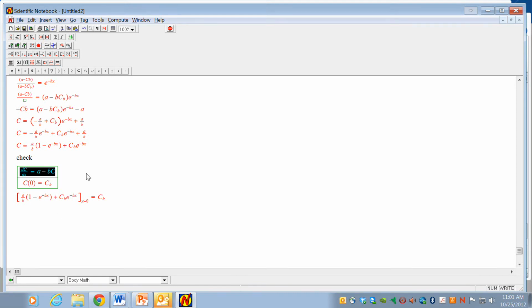Now we need to check this side. I'm going to take this expression for C. What this equation says is that the derivative of C with respect to x has to equal A minus B times C. So I'm going to take this expression for C and substitute into these two sides.